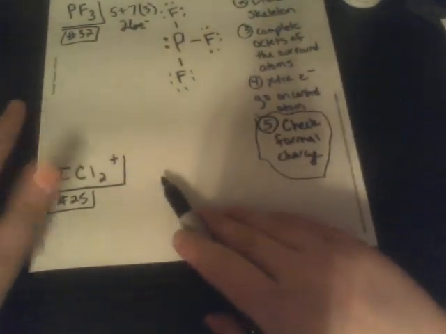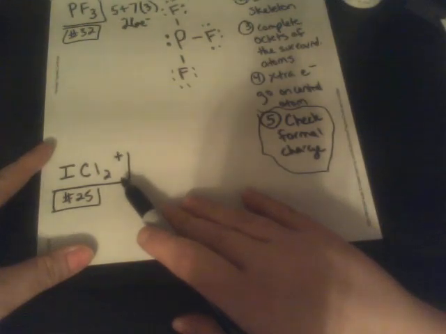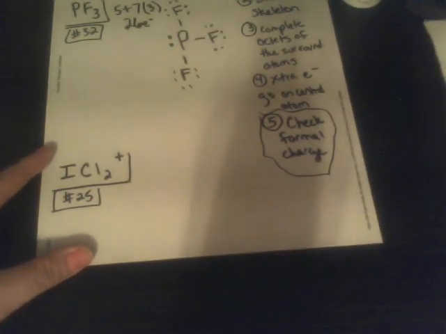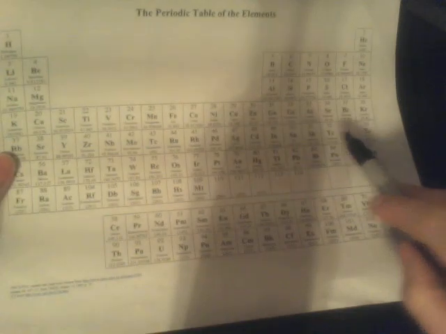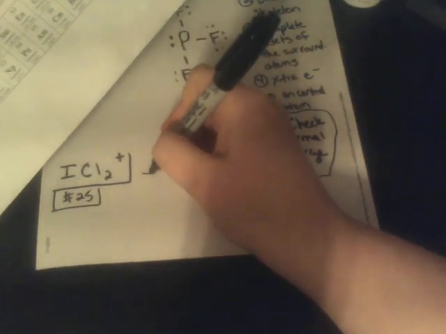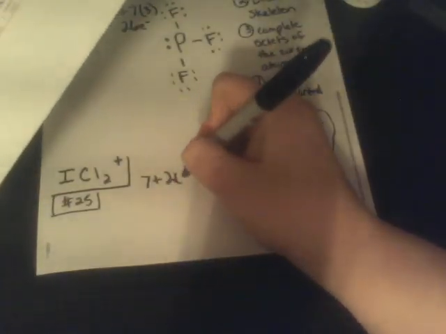So for down here, next example, ICl2 plus. I is in the 7th column. 1, 2, 3, 4, 5, 6, 7. Cl is also in the 7th column as well. So 2 times Cl.